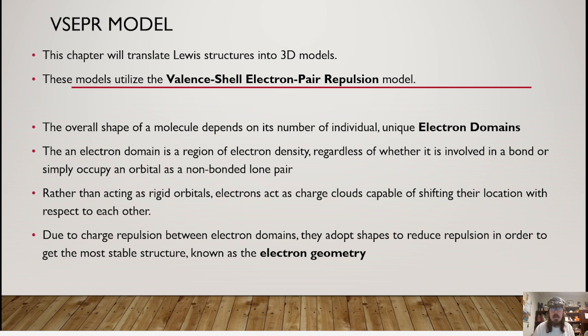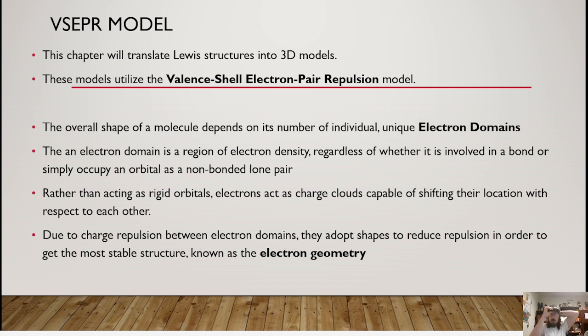We're not doing individual electrons, we're looking at paired electrons either as lone pairs or in bonds. And repulsion is going to be the theme of this model. That electrons are negative and they want to repel other electron pairs. And so we're going to make a model that emphasizes the repulsion.